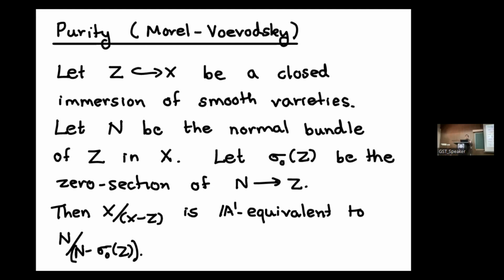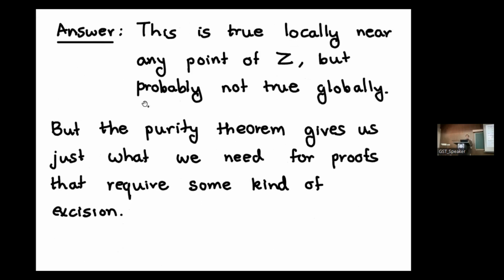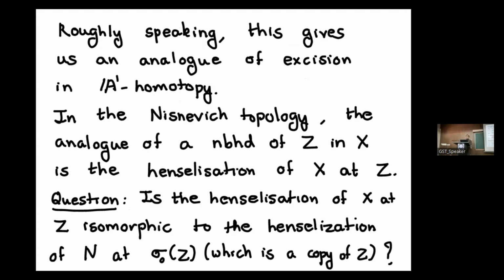Okay, so this doesn't sound like we talked about the tubular neighborhood at all, but it comes quite close. So let me elaborate a little further. Roughly speaking, the idea is that this is supposed to give you an analog of excision in A1 homotopy, the excision axiom that you have for homology or cohomology.